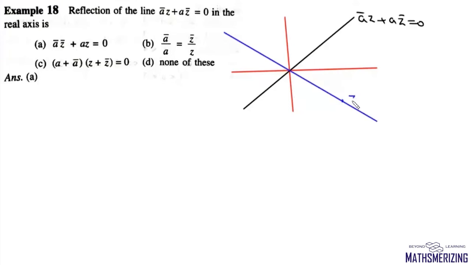Now let us take this point as z. Now if this point is z, then reflection of z about real axis will be z bar, and z bar will lie on this line. We can write a bar z bar plus a z equals 0. So locus of z will be this straight line, which is a bar z bar plus a z, and that's your option A.